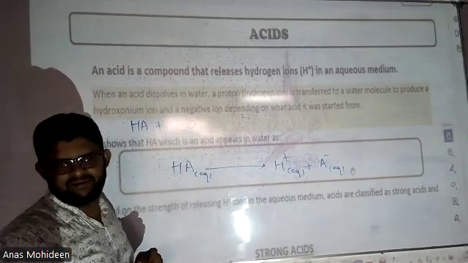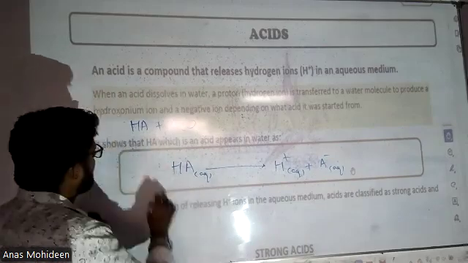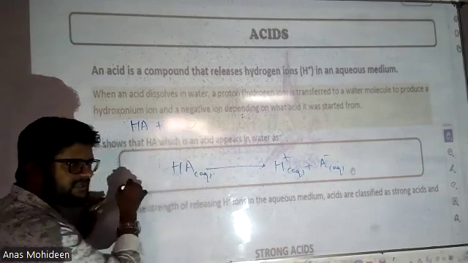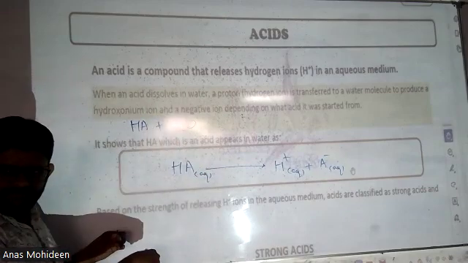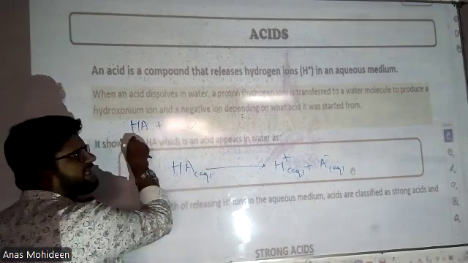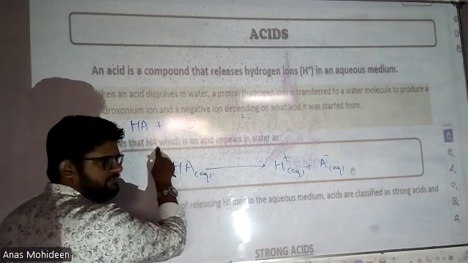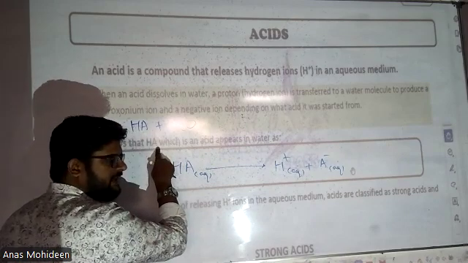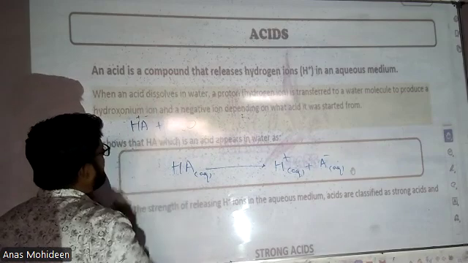This is the real formula. But in detail, HA we put in water. Can you remember the diagram on it? Now this H will be removed, will be ionized. So this is H plus, A minus.